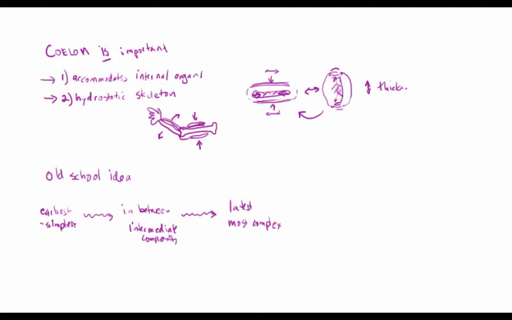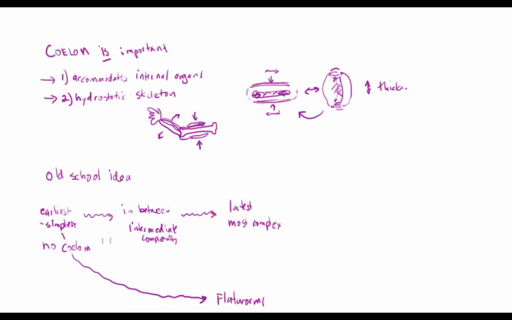Now, in this old school picture, these earliest simple animals were the ones that had no coeloms. Okay? No coelomic cavity whatsoever, no body cavity. And if you look at flatworms today, they don't have any body cavities, so the inference was that flatworms were evolving from this basal ancestor that had no coelom.